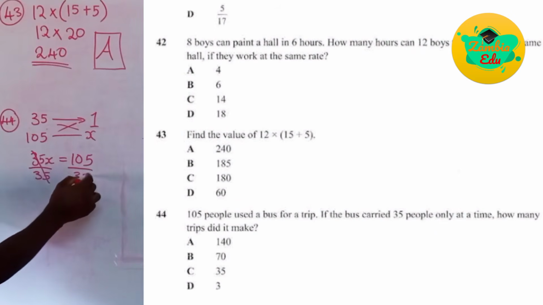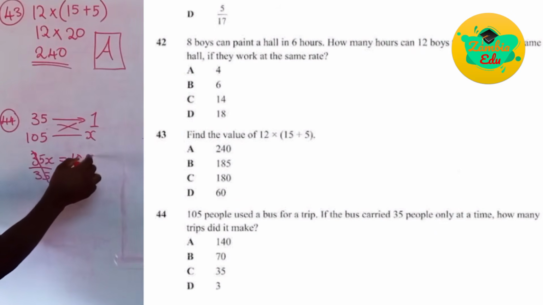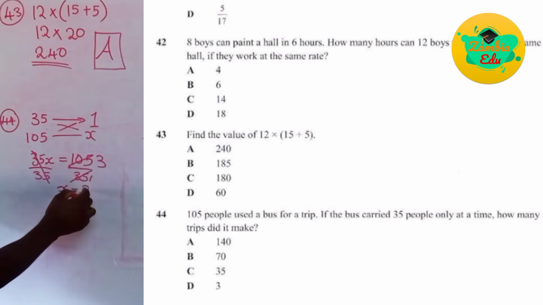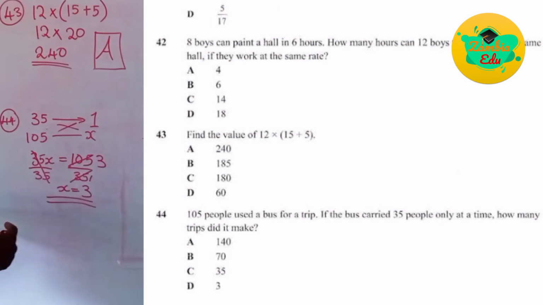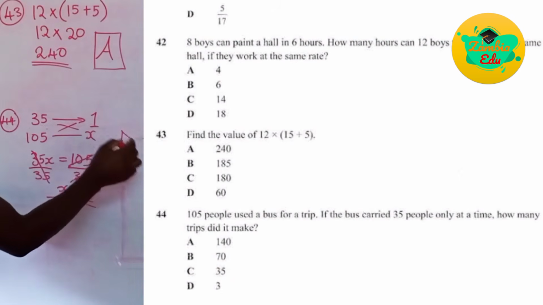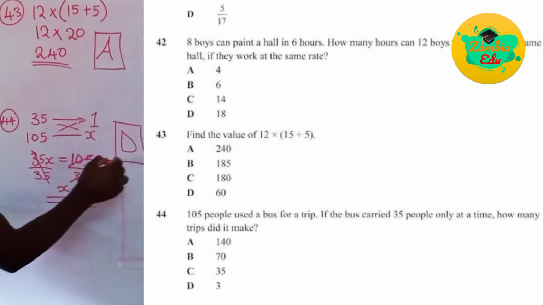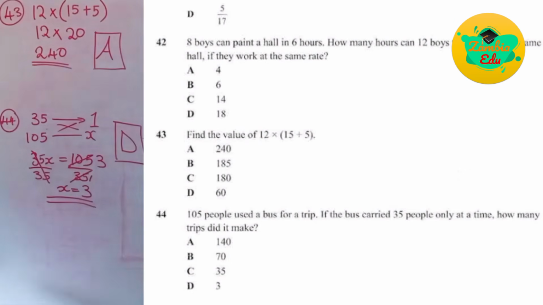Our x is equal to 3. And 3 was represented as option D. So D was our answer for question number 44. So we quickly go to 45.